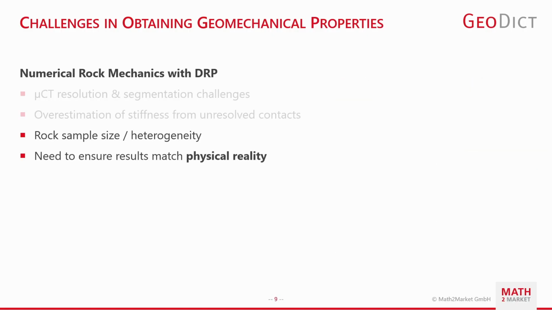There is also one big topic, which is how the rock samples can match the physical reservoir scale, and this is something that I would say is valid both for experiments and also for digital rocks. In terms of digital rocks, there is one more scale lower in size, and therefore the representative elementary volume is even more important.